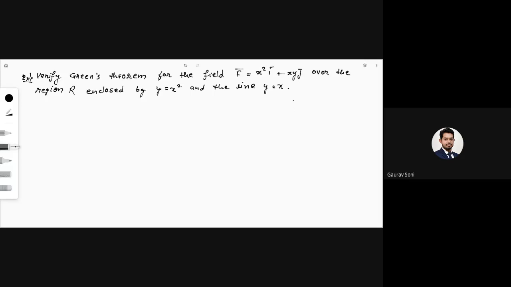So we graph this function. We know that y equal to x square is a parabola. So this is the graph of the equation y equal to x square. And the line y equal to x.